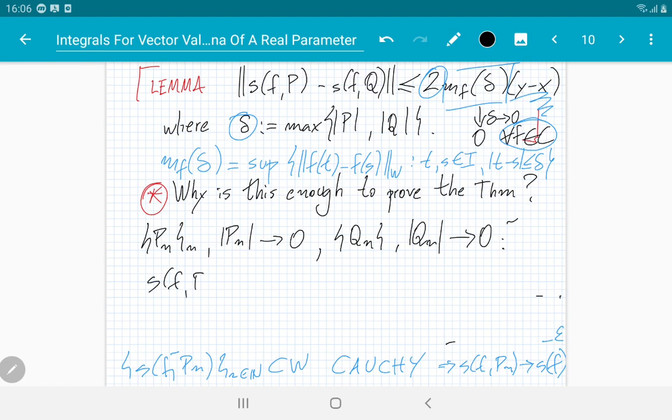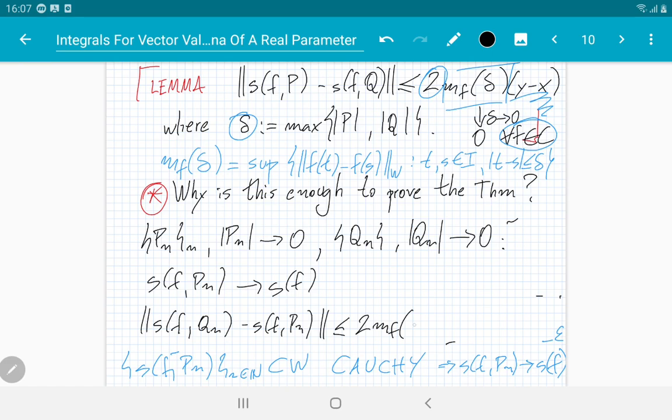So I have that S_f P sub n converges to a certain S of f, and S_f Q sub n minus S_f P sub n is less than twice the modulus of continuity of f computed at the maximum size, times y minus x.